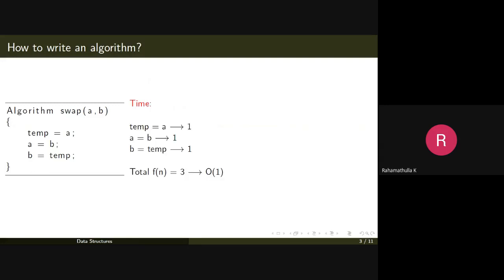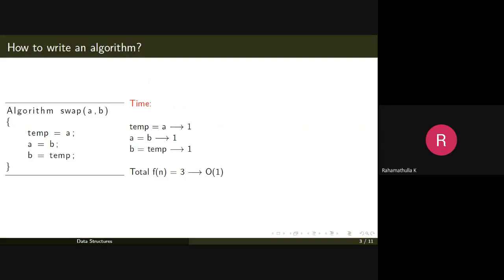Let's try to analyze this algorithm for the time taken. The popular algorithm analysis methods are time and space, so here we'll be using only time and space analysis. In the case of an algorithm, we consider that each statement in the algorithm takes 1 unit of time.